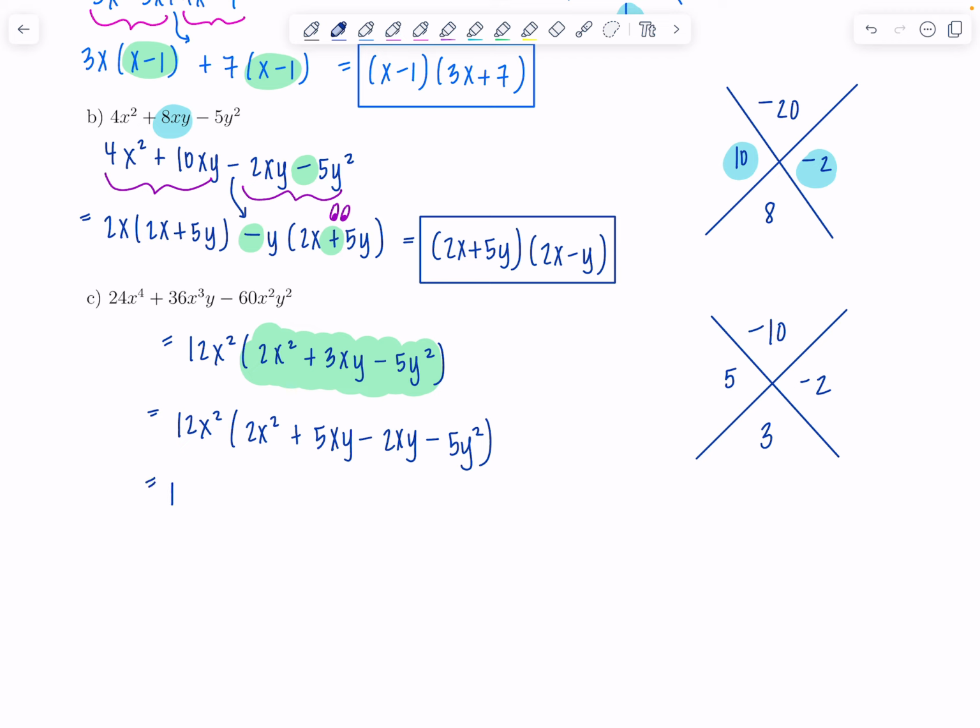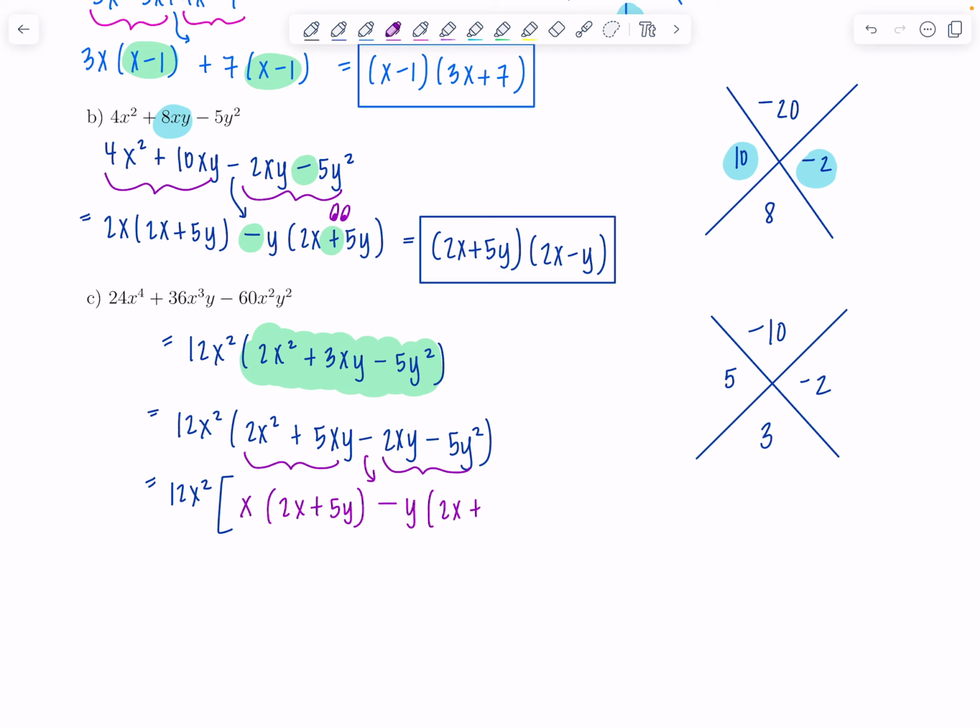Beautiful. And then just keep rewriting 12x squared out there. Now I'm going to factor by grouping. So I can take an x out of both those terms, and I have 2x plus 5y. And then be careful right here. Bring the minus sign down. And then what can I factor out of the last two terms? Just a y, a negative y technically, right?